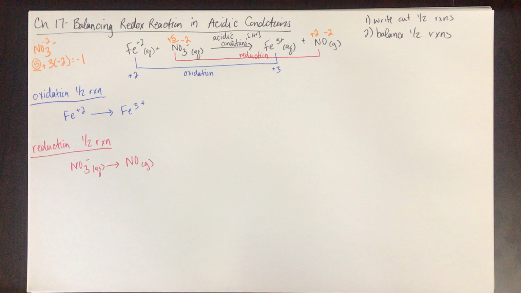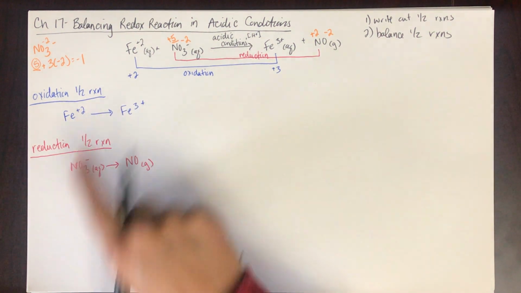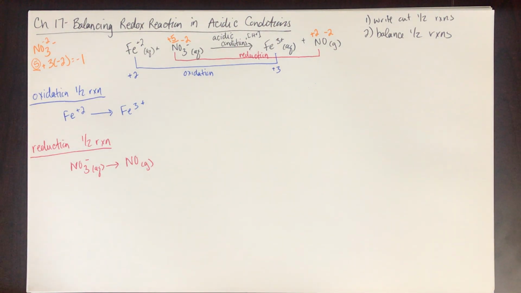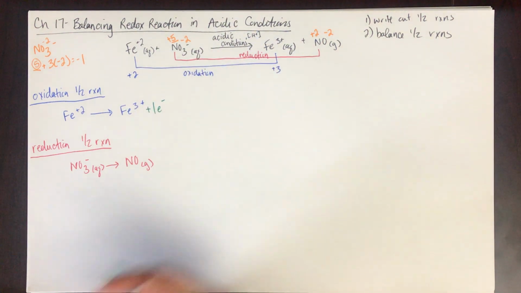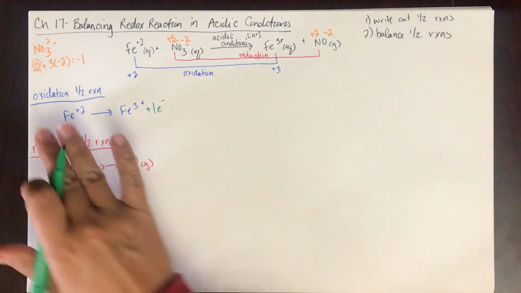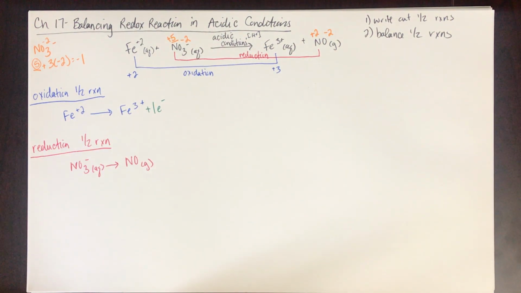Okay, to balance the oxidation half reaction, it's pretty straightforward. We are going from +2 to +3. That means we are going to add an electron to the more positive side. Now this oxidation half reaction is balanced.